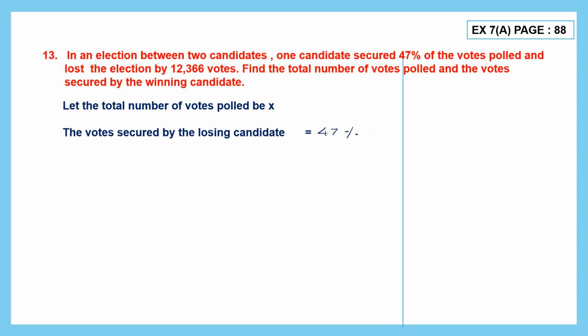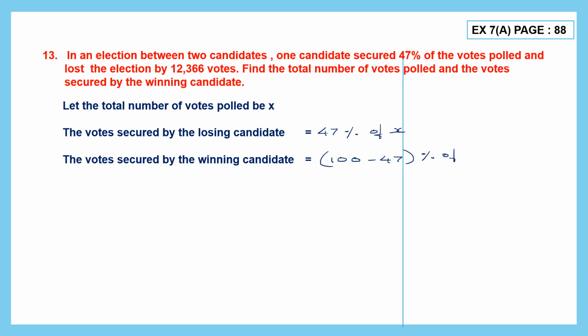So 47% of X. That means the winning candidate would have secured 100 minus 47% of X. And that is 100 minus 47 is 53. 53% of X. So now if we subtract these two, that is 53% of X and 47% of X, we will find the margin by which the person lost the election, and that is already given to us.